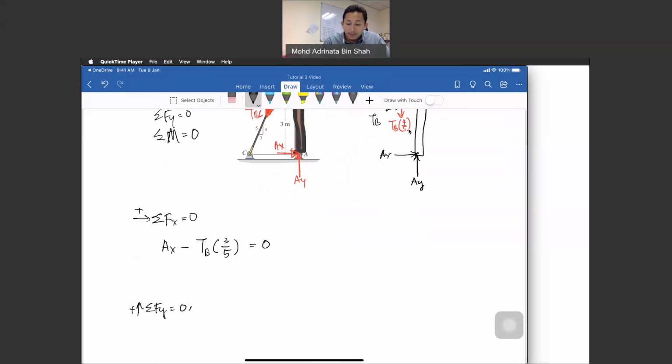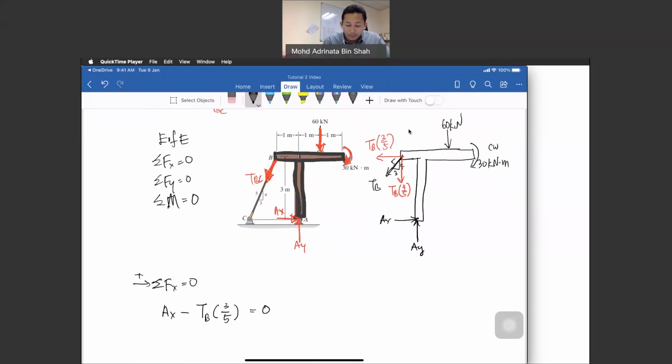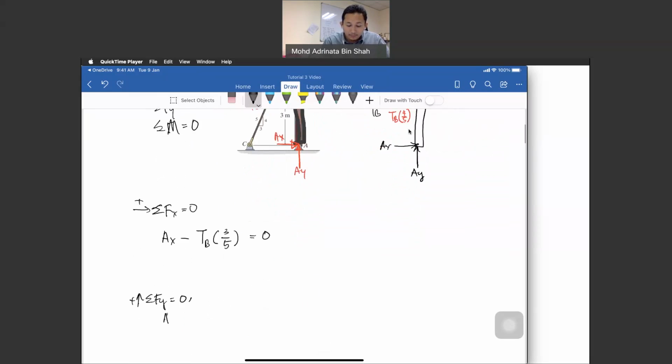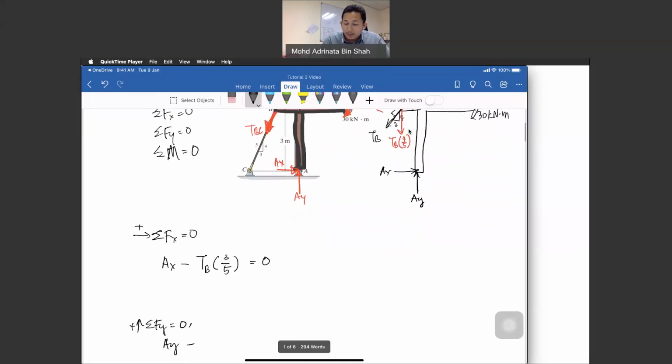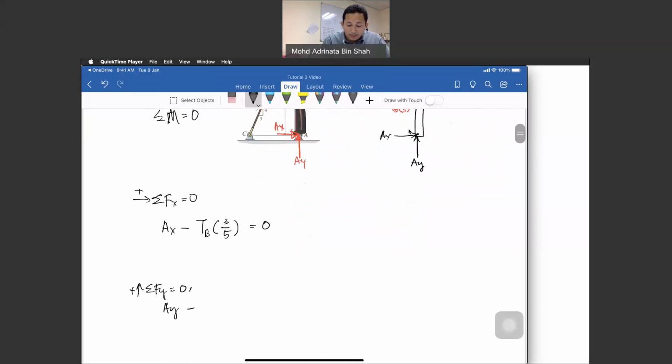So from that, we have our Ay positive minus 60 kilonewton and also TB 4 over 5. TB 4 over 5 minus 60 kilonewton equals to 0. We cannot solve our equation.